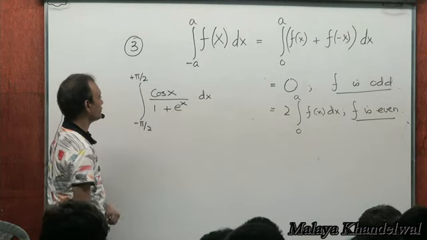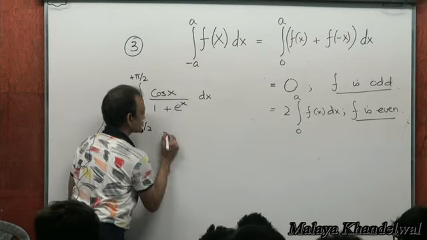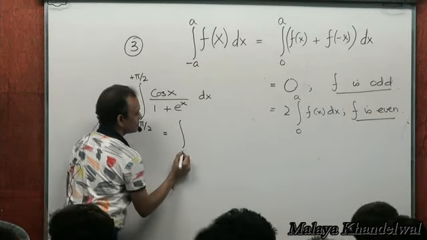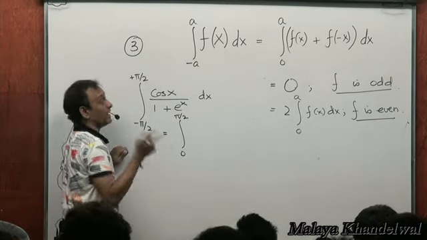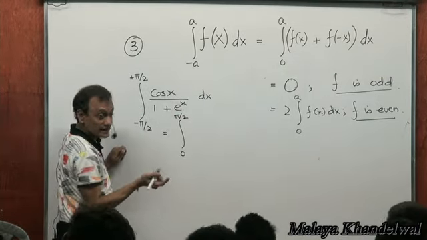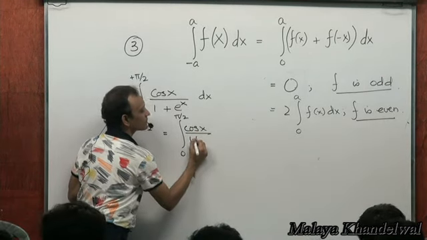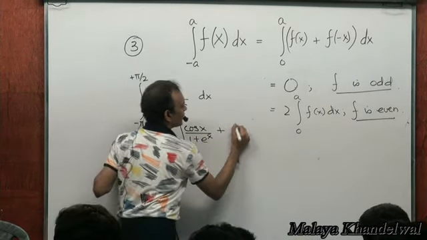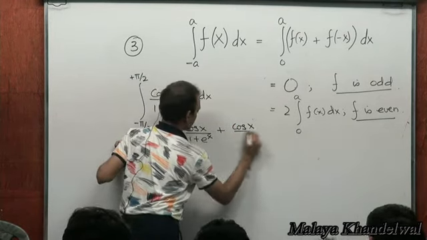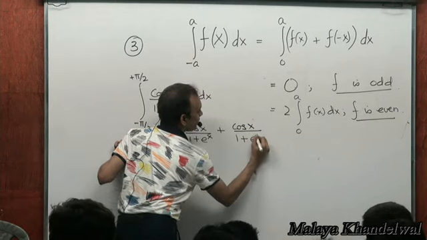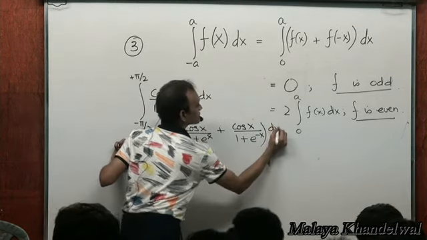Right? I could write this as the integral from 0 to a of f of x plus f of minus x. F of x is this. F of minus x: cos minus x will be cos x, over 1 plus e power minus x, dx.